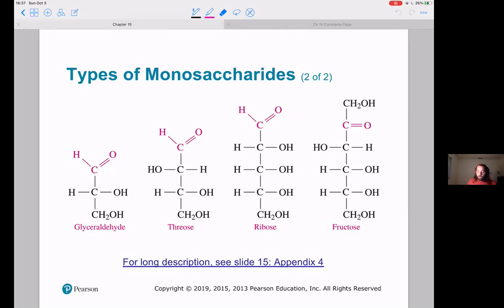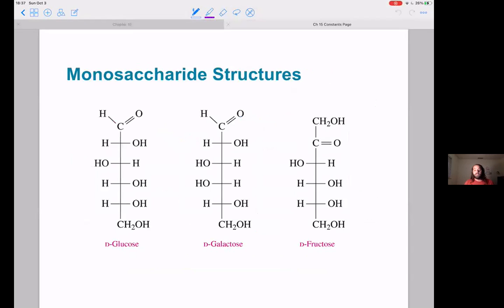For example, on an exam you'll be given a constants page that looks like this, and I'll give you this for your homework problems as well. These are the structures of various sugars. The most important are glucose, galactose, and fructose. But you're not expected to have these structures memorized. What's important is that we know how to interpret these structures.